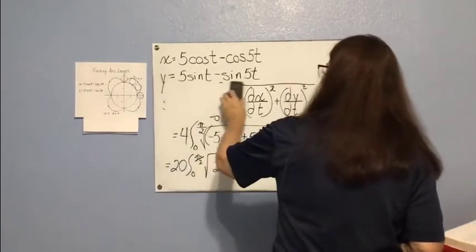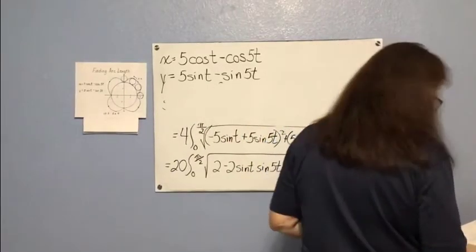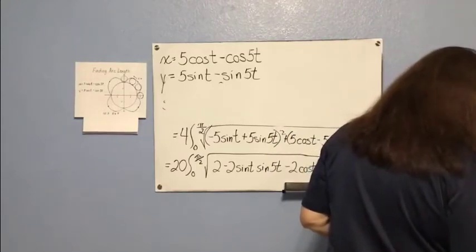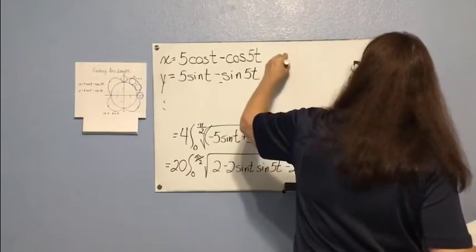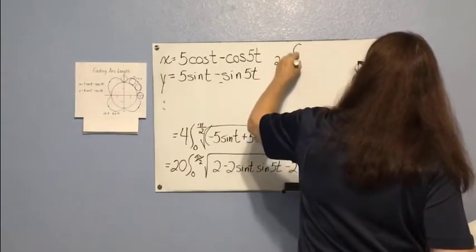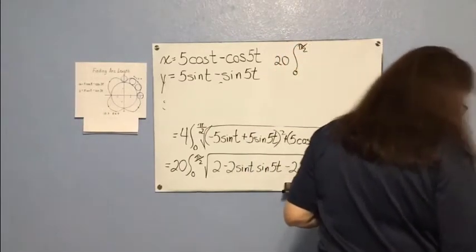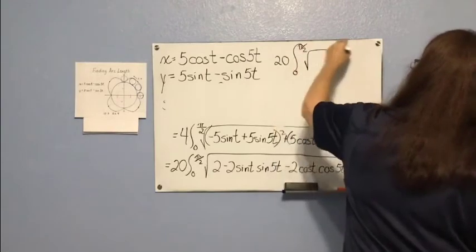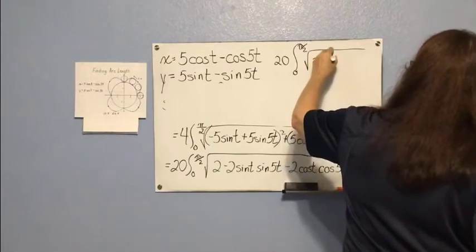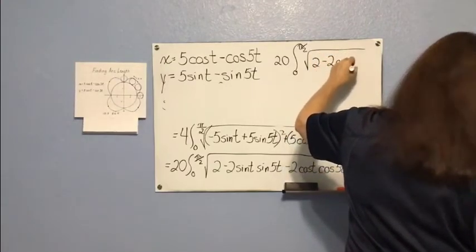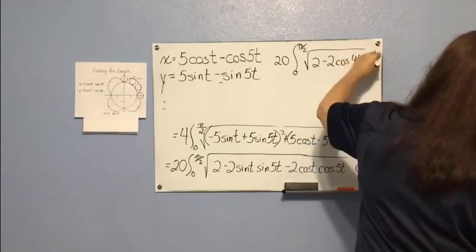Now I'm going to use the difference formula for cosine to clean this up quite a bit. And I'm going to have 20 times the integral from 0 to pi over 2 of the square root of 2 minus 2 cosine 4t dt.